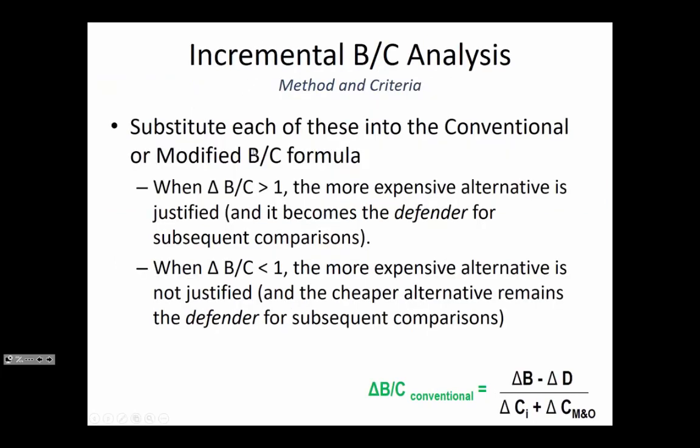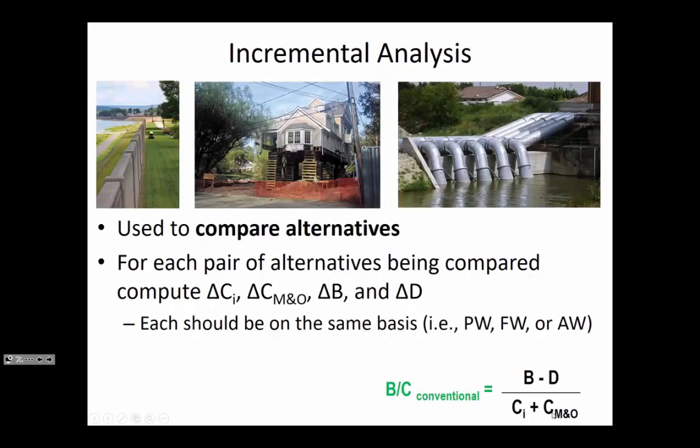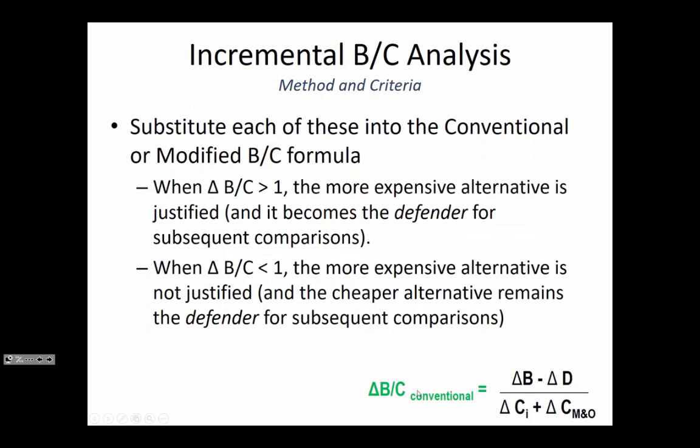Okay, so the method and the criteria for this incremental analysis is we order them from cheapest to most expensive, and then we substitute. You can notice here that the equation's a little different. The first step's just to calculate the B to C for every alternative, but then calculate the incremental between alternatives.